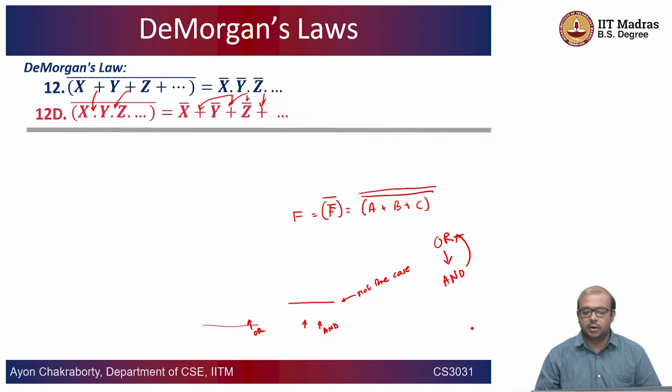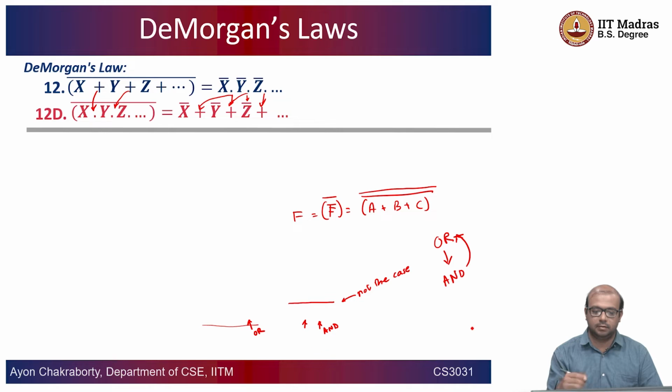And the last but not the least, which is really important, is De Morgan's law. So De Morgan's law is basically, if you have an OR of these variables or literals, right? We are going to come into those definitions later. This x, y, z, and so on, these are all Boolean variables, right?